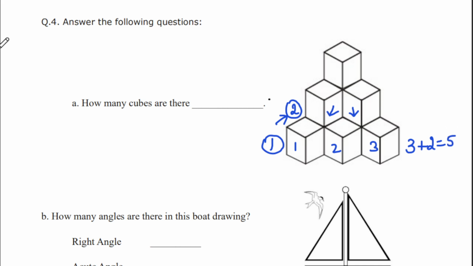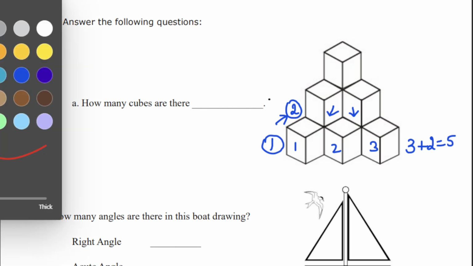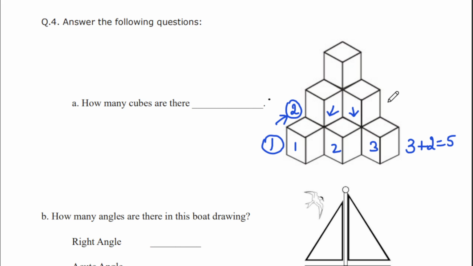Okay, and this row, the top row, the second row, we'll do it in red color. So we have 2 cubes, and here we have 1 cube, and below this cube we have 1 more cube. So 1 plus 1 is equal to 2. Okay. So how will the base look? The base will look like this.